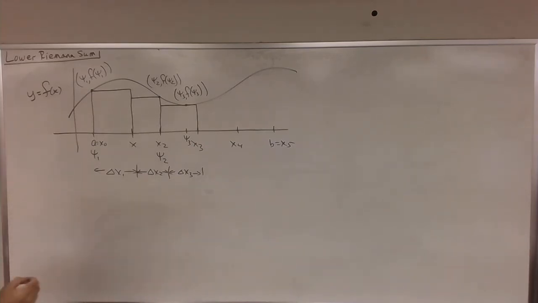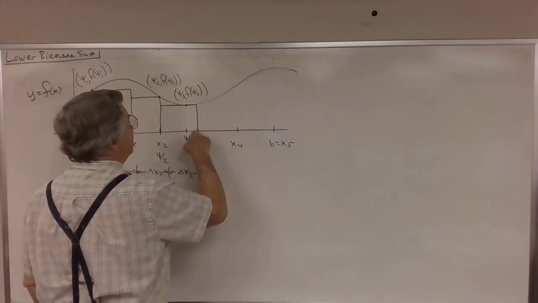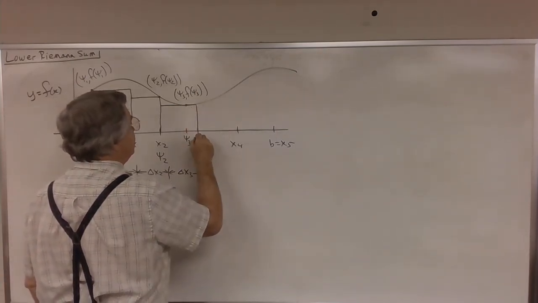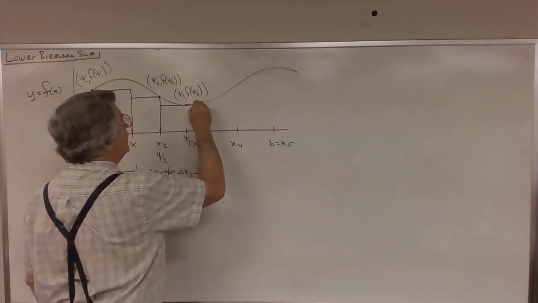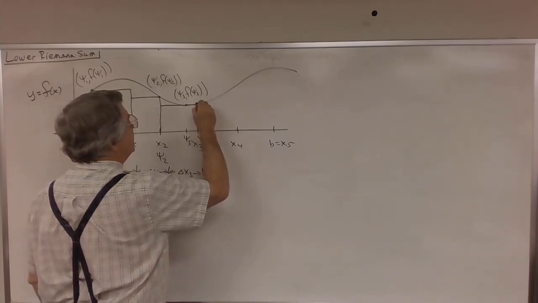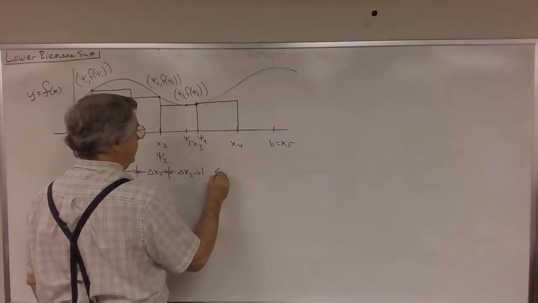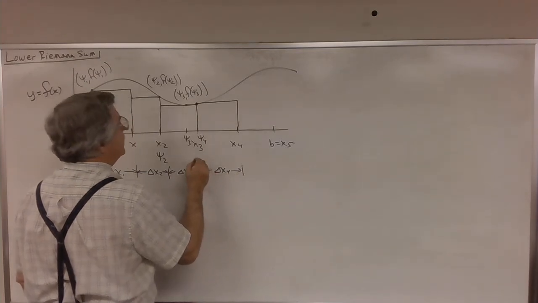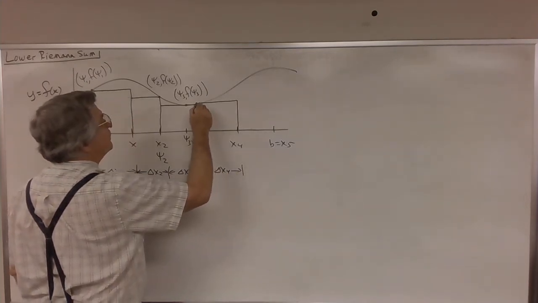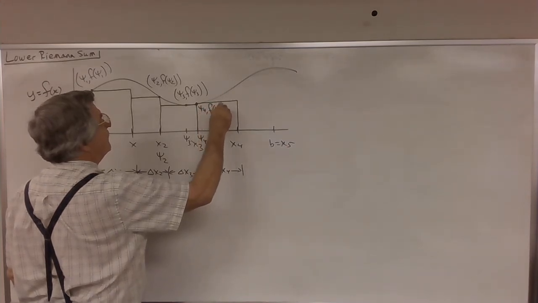On the fourth interval, this is where the function attains its smallest value. So this point is psi sub 4, f of psi sub 4.